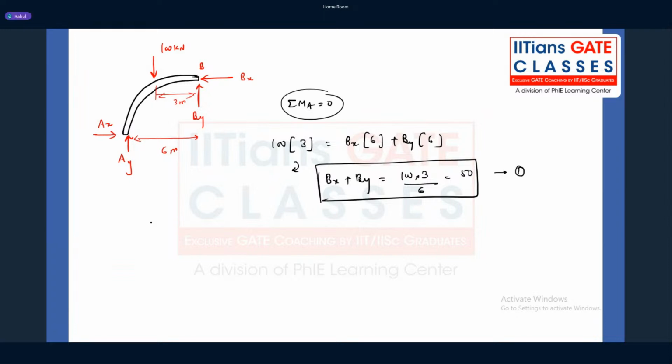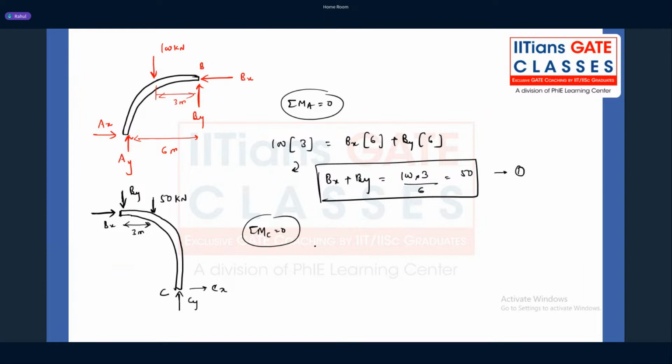What about the second equation? You can frame it from the second half of this particular frame. Here we have Cy, Cx, Bx and By, but the load is acting as 50 kilonewton. So we take the summation of moment about point C to be 0.